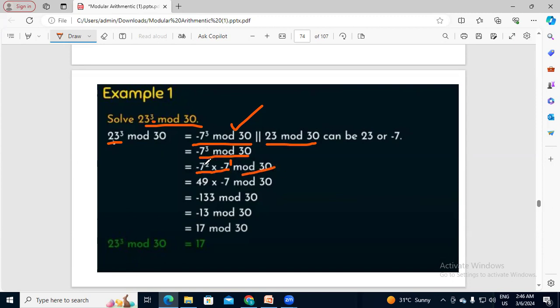And we know that minus 7 to the power 2 is 49. 49 into minus 7 mod 30, that you need to calculate, and it will give you minus 343 mod 30, right? And again you can simplify it, and the final result you will get, minus 13 mod 30 will be 17. So the result of this will be 17.